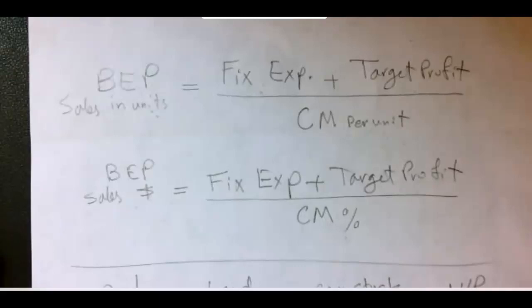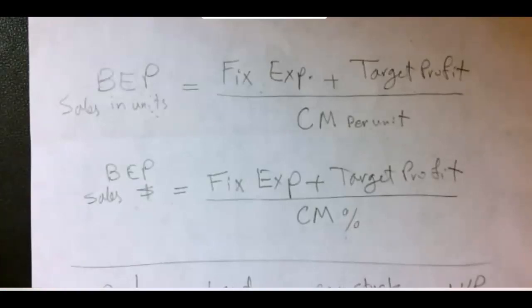Now remember this: every business, every night, the manager is thinking about one thing and one thing only. How do I pay for all fixed expenses every single period, every single year? That's the main concern. That's why it's at the top of the equation right there, right?